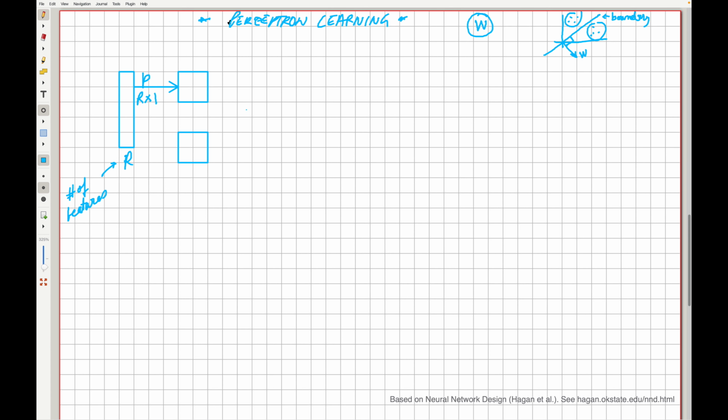That circle just represents that this is going to be summed, and after that we have another triangle which denotes the transfer function that we would be using to get the activation or output of the neuron. So let's draw a couple more arrows to make sure everything connects.